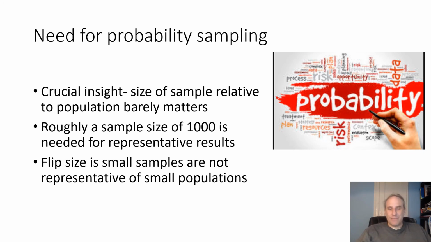The first time you dip in, it's going to be black or white. If you do two of them, the chance that they're both white is reasonably likely. But over time, if you do 1,000 pulls out of that bag and keep putting them back, you're going to end up with roughly a representative sample of the number of white versus black marbles. This is the idea behind the mathematics of probability sampling.